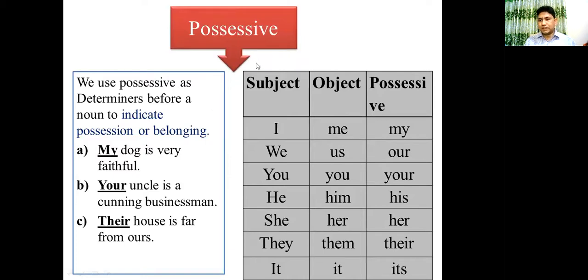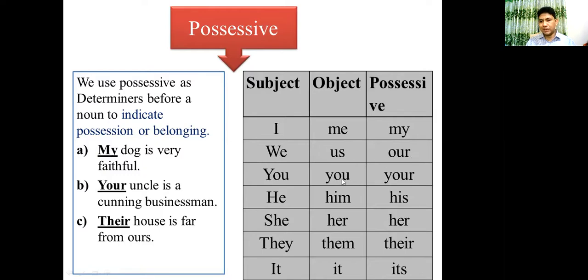I have discussed possessives. Okay, there are some basic concepts: the subjective form, objective form, and possessive form. The subjective form is I, the object form will be me, the possessive form will be my. In the same way, subject we becomes us as object, and our is possessive.